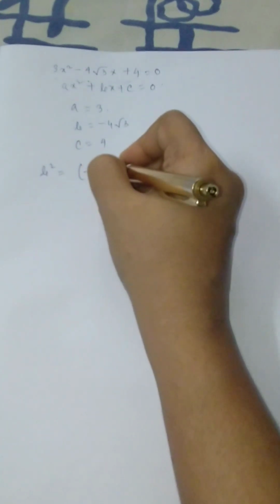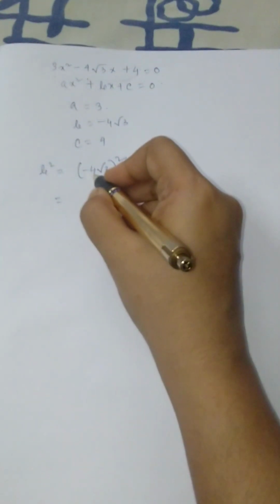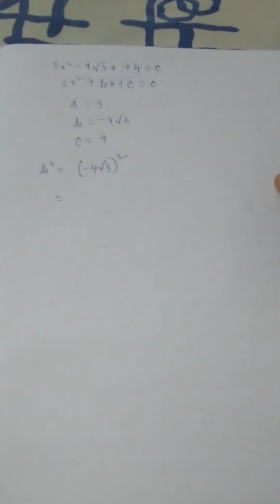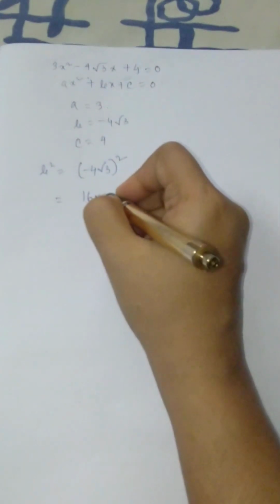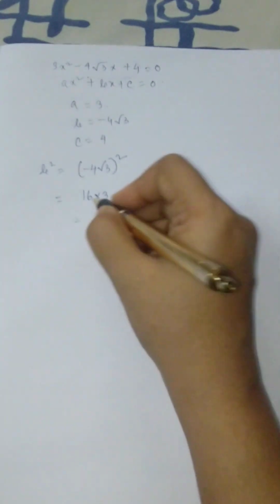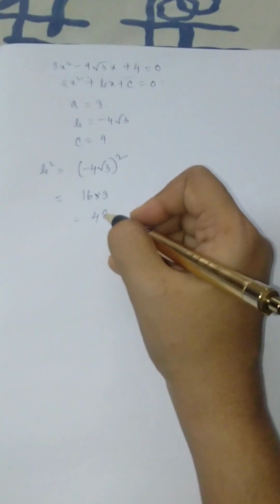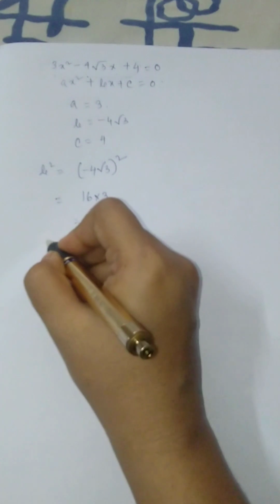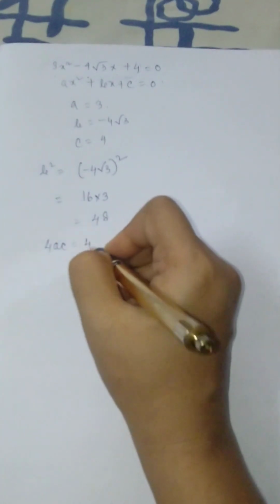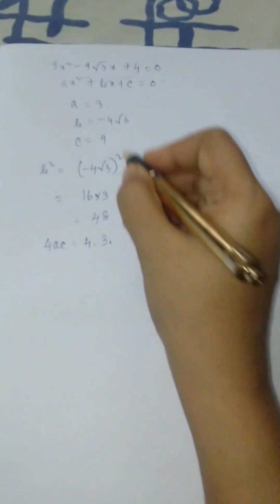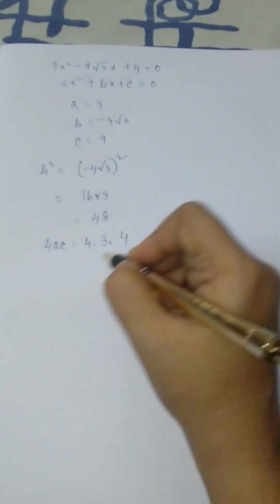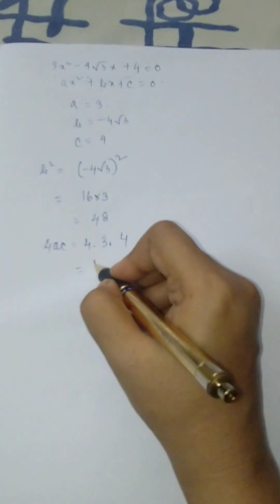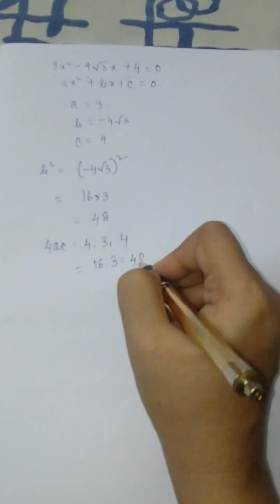Now let us find the value of b square, which is minus 4 root 3 square. So 4 into 4 is 16, 16 into 3, that is 48, right? And 4ac, that means 4, a is 3 and c is again 4, so it will be again 16 into 3, that is 48.